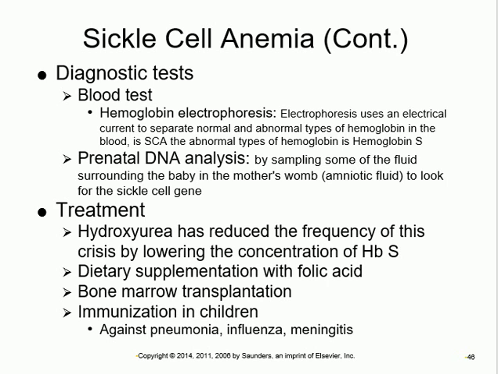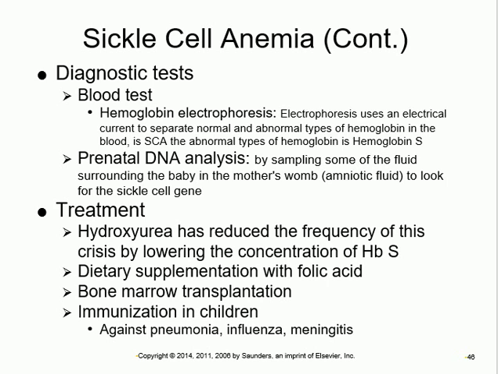How to diagnose? Simply get the hemoglobin. They put it on a slide and they put electrical current on both ends, and they can examine what type of hemoglobin you have. What type of hemoglobin do they have? Hemoglobin what? S. They have hemoglobin S. Okay?